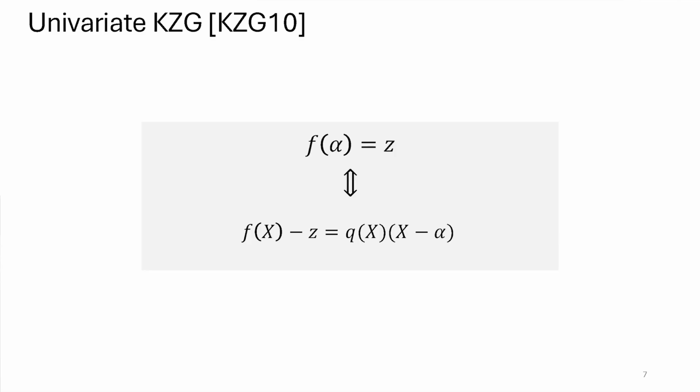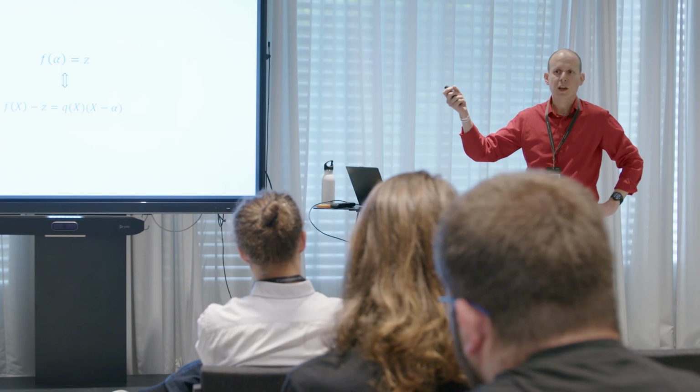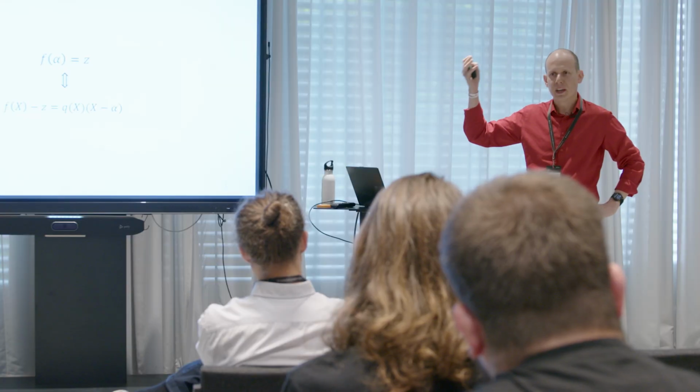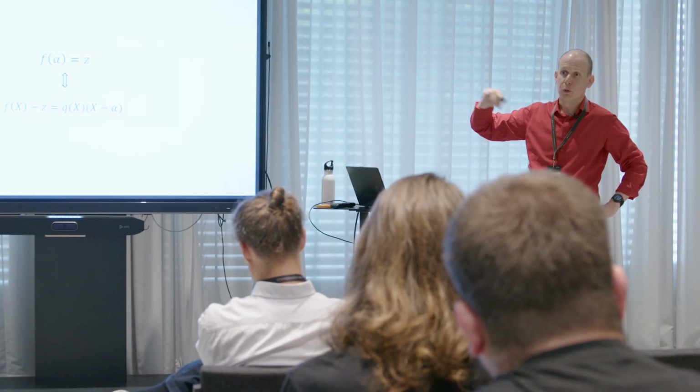So KZG, they came up with this amazing protocol. I enjoy how simple it is and how efficient it is, and it's based on a very basic observation that if you want to convince someone about the evaluation of a polynomial at a point, you can do it in an extremely cumbersome way just by moving to an equivalent polynomial identity.